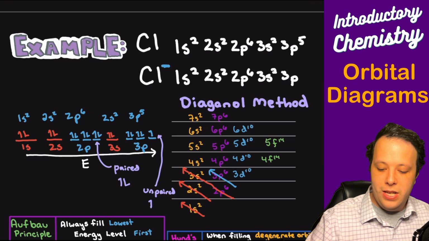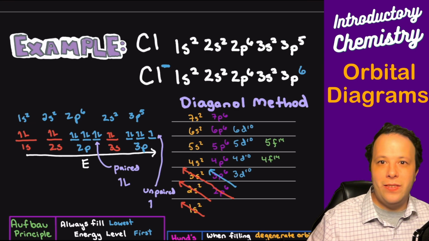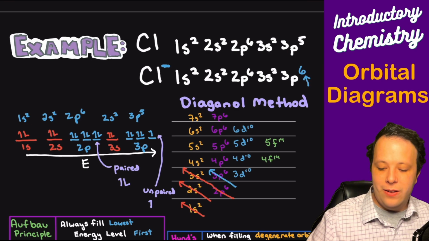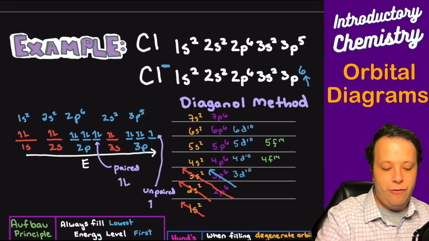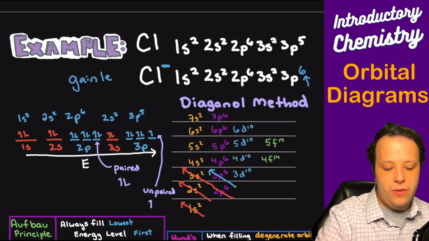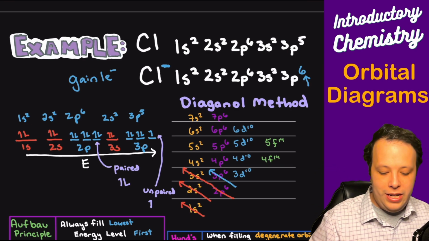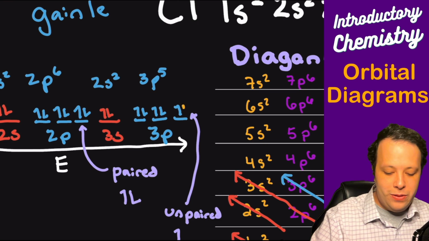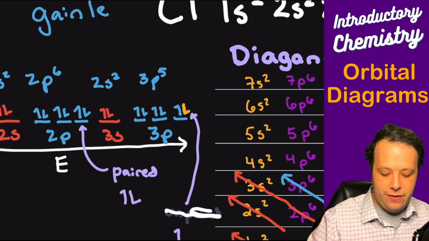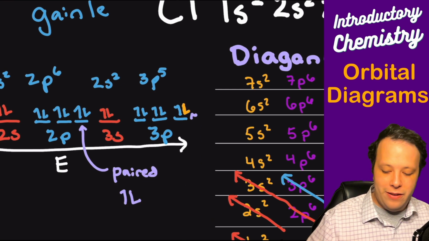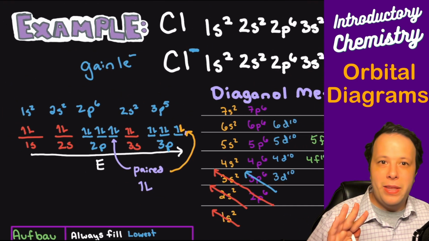What's going to occur is if you have a cation or anion, you're going to edit your electron configuration. So we notice here how it changed from 3p5 to 3p6. This shows the gain of 1 electron. So that's also going to change in the electron configuration, and it's going to change over here in the orbital diagram too. So we'll add an extra arrow to represent that we now have chloride, and it gets rid of that unpaired electron, making it paired. Okay, so that's something else that can be done as well.